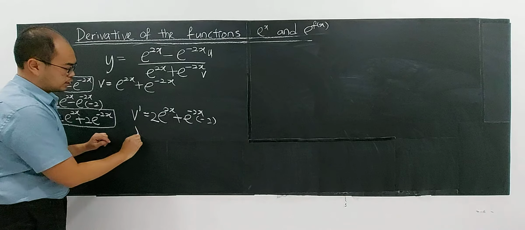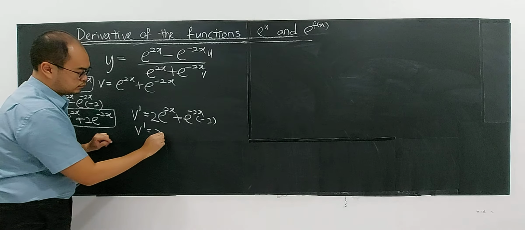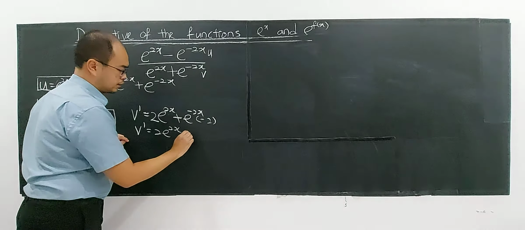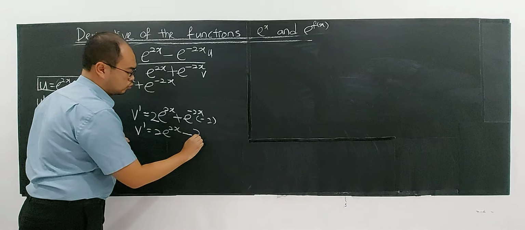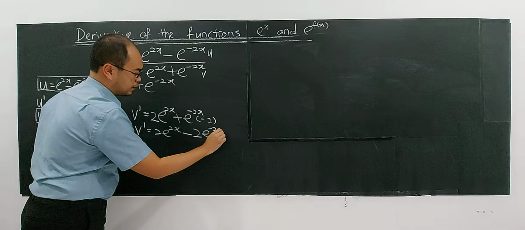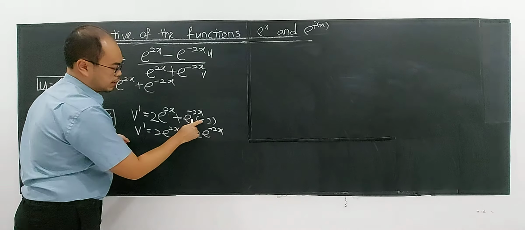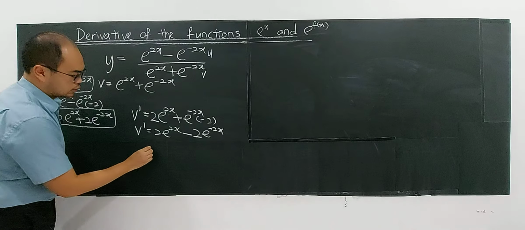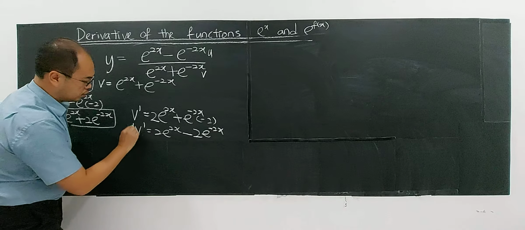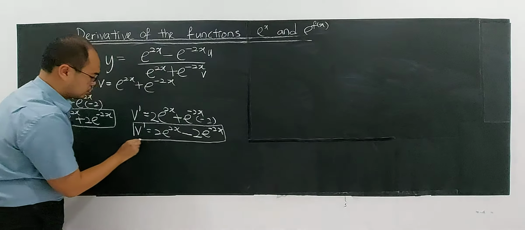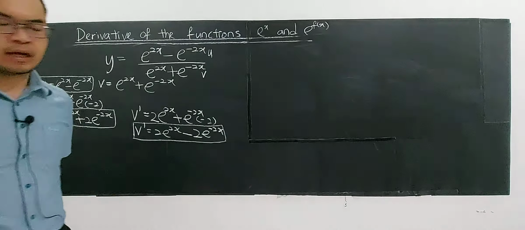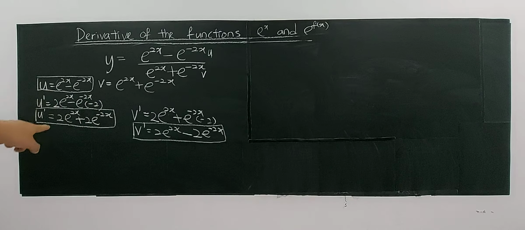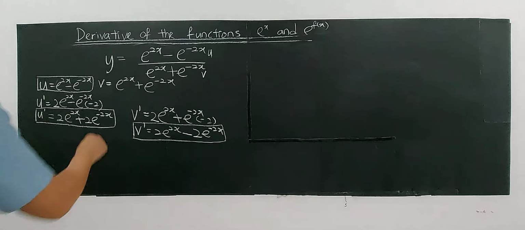So you are getting v prime to be 2e^(2x) minus 2e^(negative 2x). Alright, this will be your v prime. So now you have calculated everything. You have u, u prime, v and v prime.